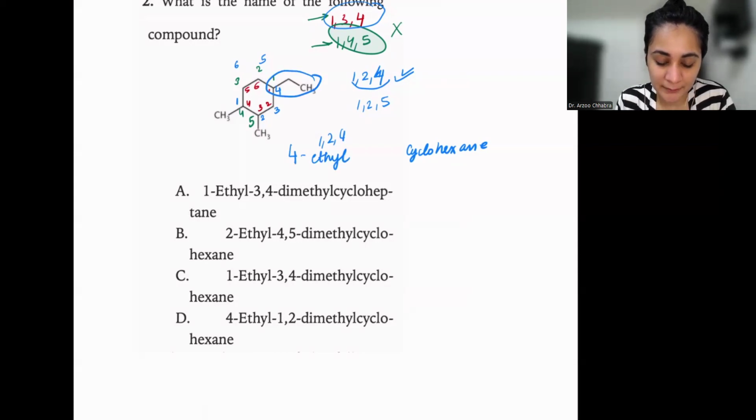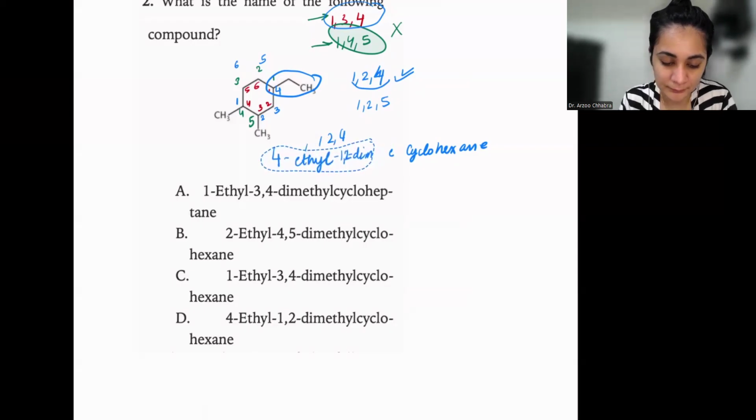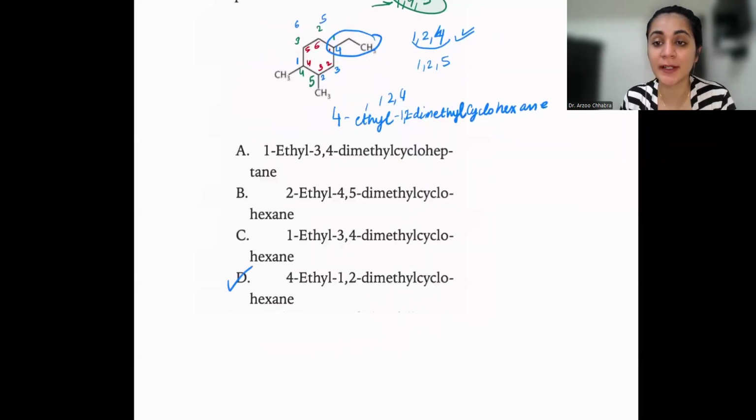And then 1,2-dimethylcyclohexane. So D is the correct answer.